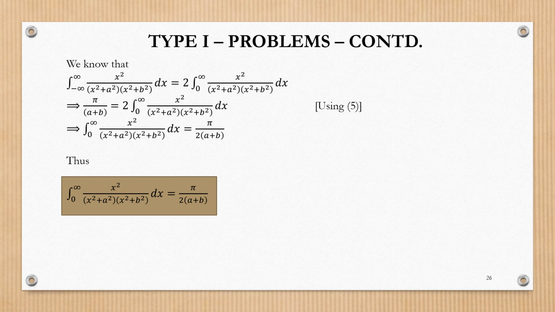That is the reason for which we are using that particular formula here. The integral on the left hand side is given by equation 5, that is pi divided by a plus b. Then we take 2 from the right side and put it onto the left hand side, and that's how you get the final answer. We write the integral on the left and the numerical value on the right, and the consolidated value has been given in the box in slide number 26, completing the problem.